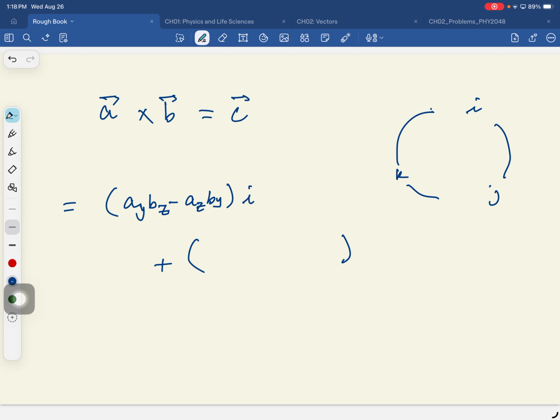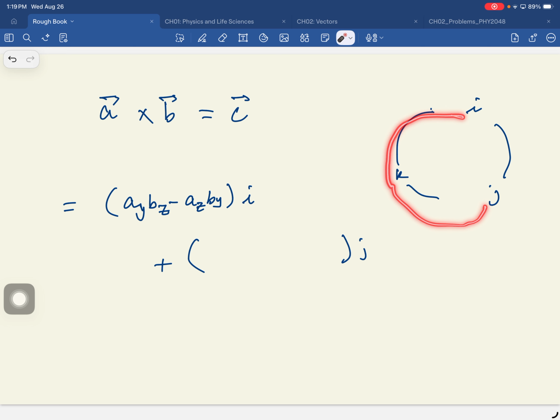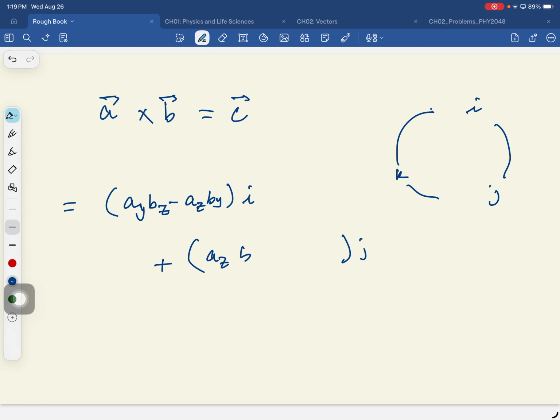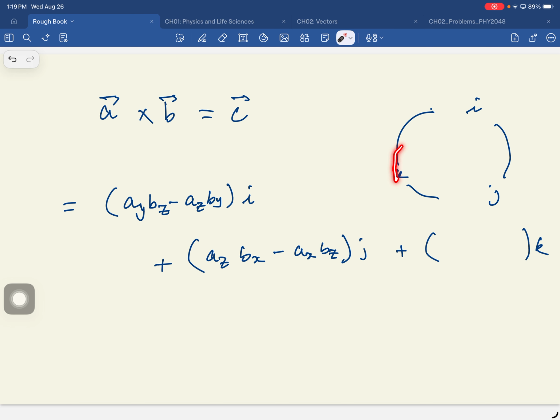Plus the j component. The j component is AZ BX minus AX BZ, plus the k component. The k component is AX BY minus AY BX.